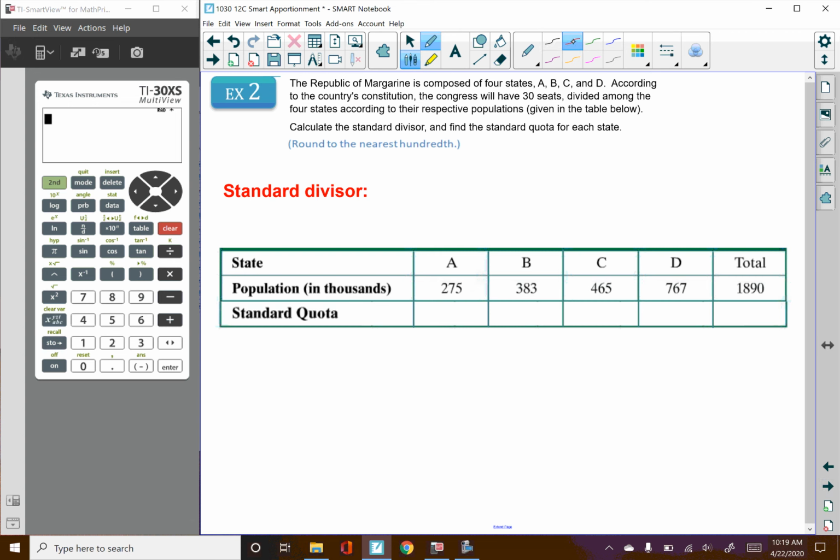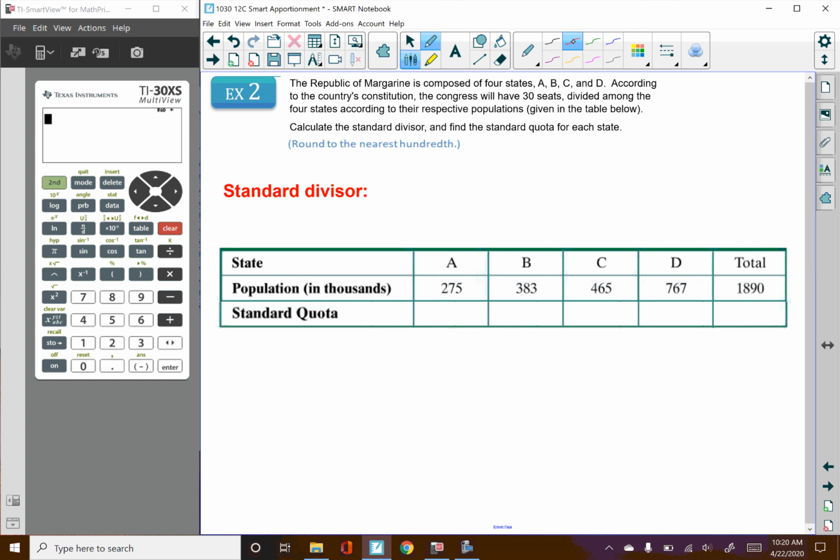So the Republic of Margarine is composed of 4 states, A, B, C, and D. According to the country's constitution, the Congress will have 30 seats, and so we're going to figure out the standard divisor and the standard quota for each of the states.